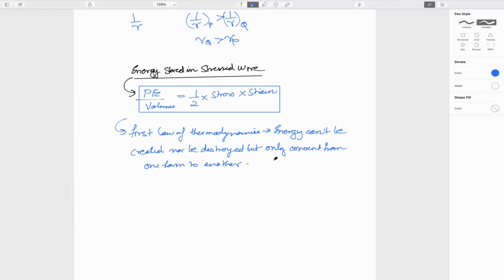So if you have a spring and you stretch it a bit, the work done in stretching it is converted into the potential energy of the stretched spring.